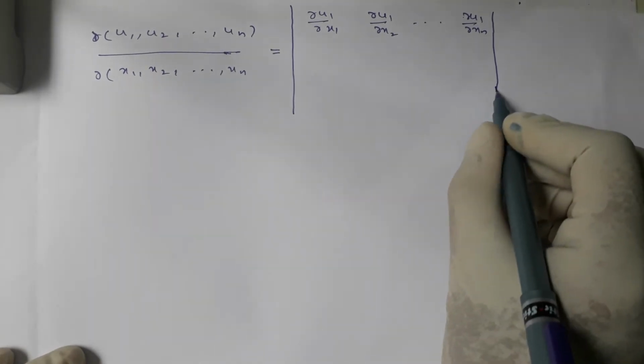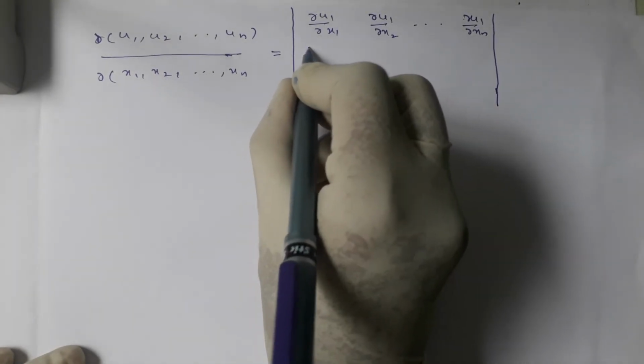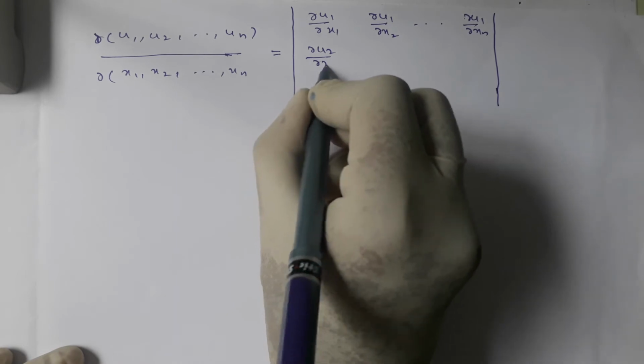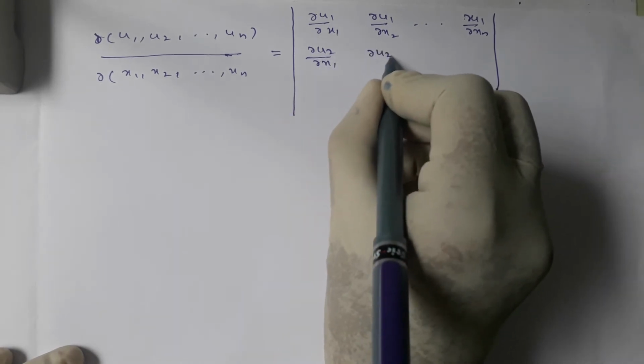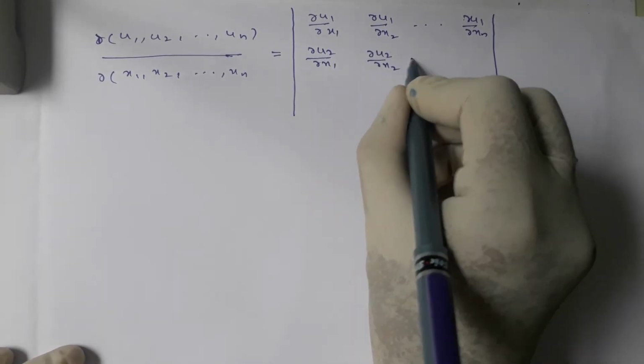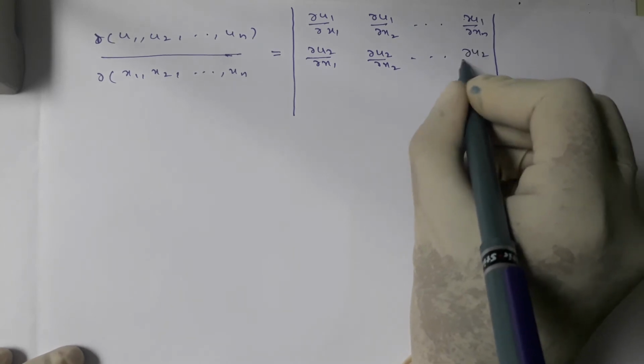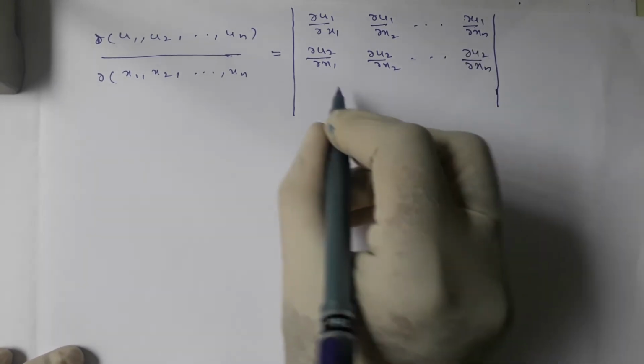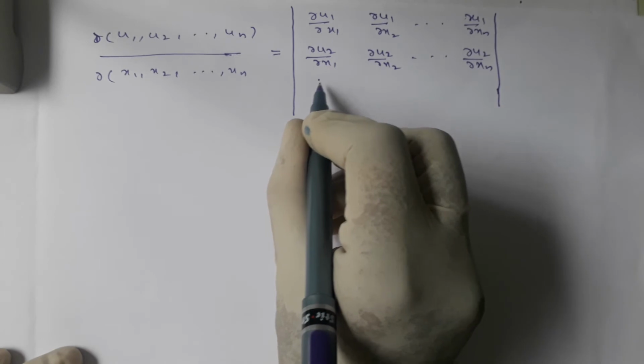Right. Second row, dou u2 by dou x1, dou u2 by dou x2 and so on, dou u2 by dou xn and so on.